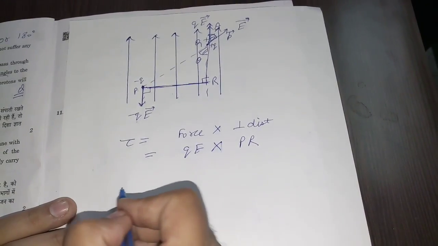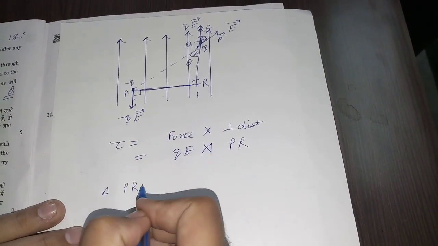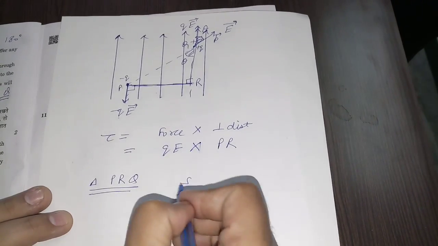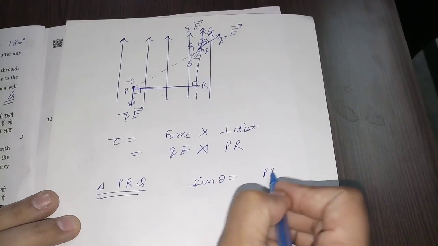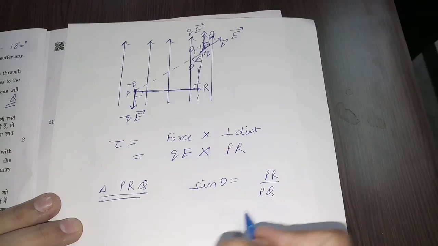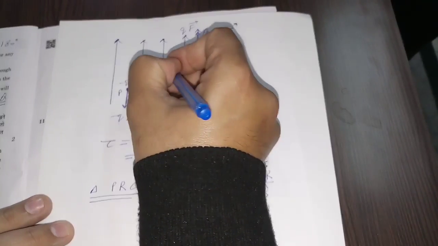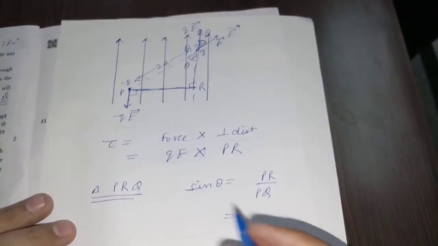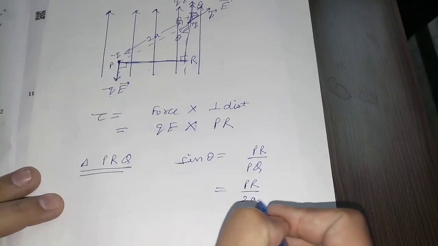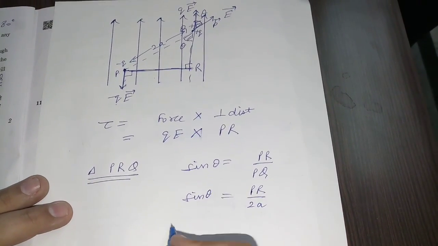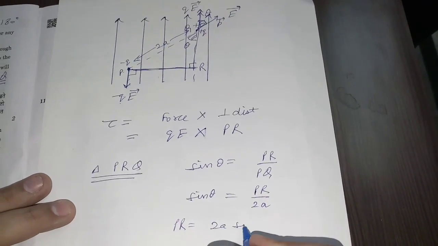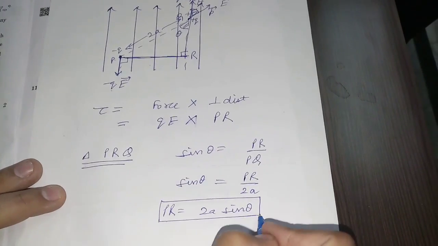Now how to get PR? Take the triangle PRQ, find sine theta, which is PR upon PQ. Say PQ is 2A. So we can write PR upon 2A, that is sine theta. So PR can be written as 2A sine theta.